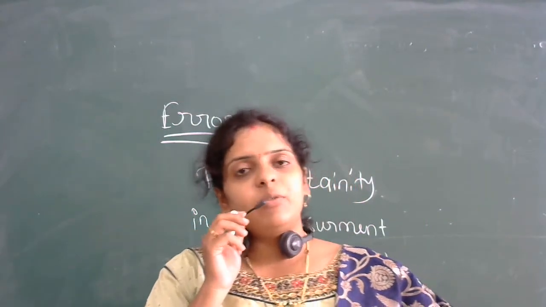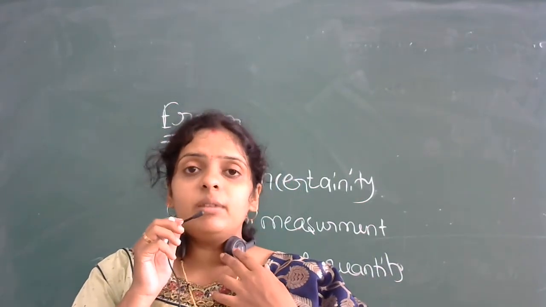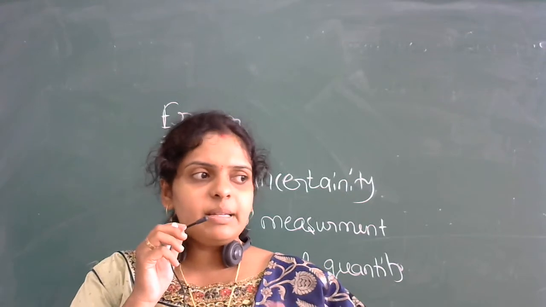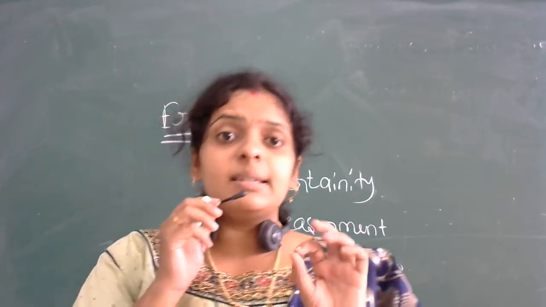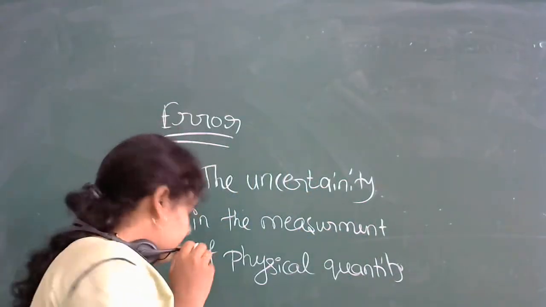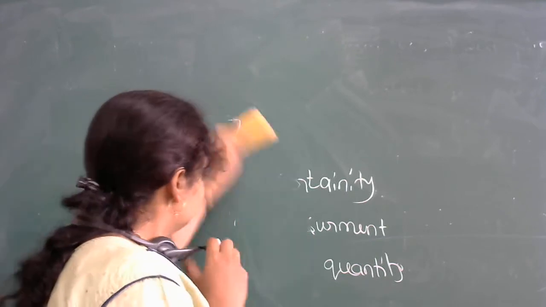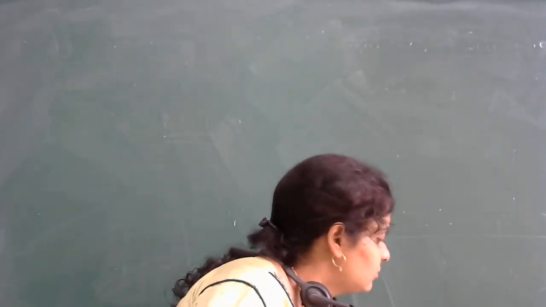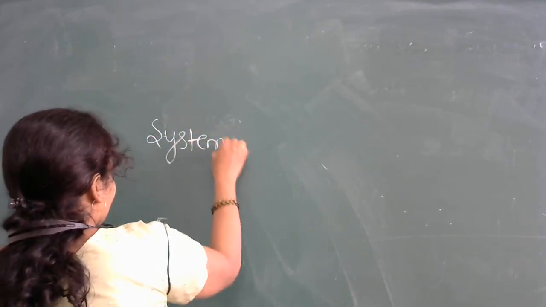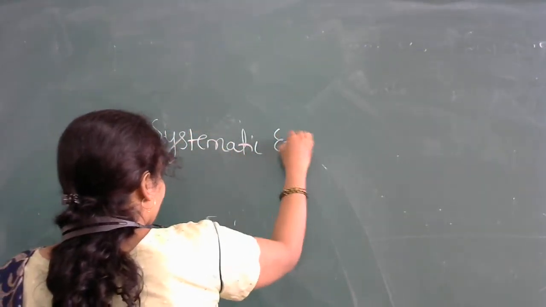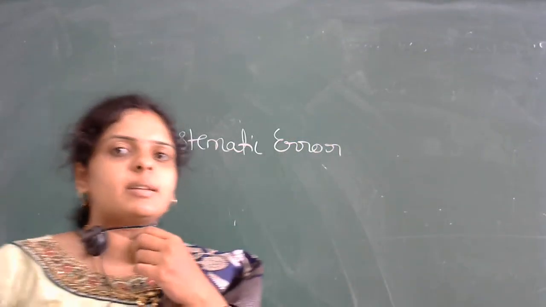Here we will see what systematic error is and what random error is. The first one we will see is systematic error. What do you mean by systematic error?